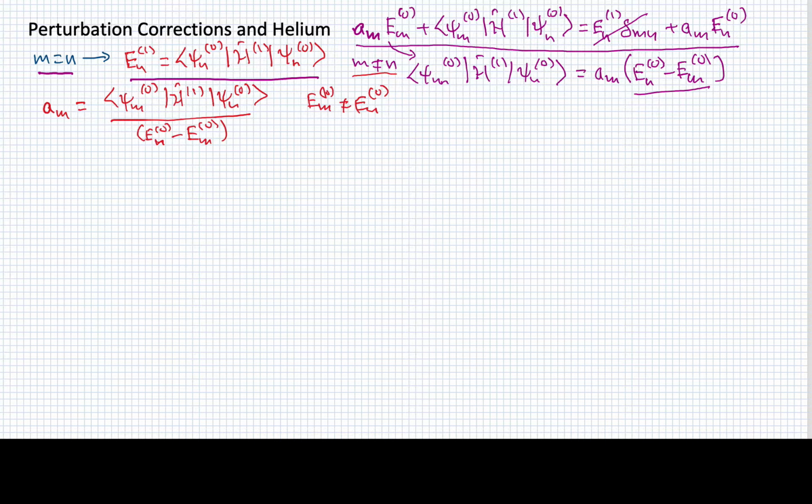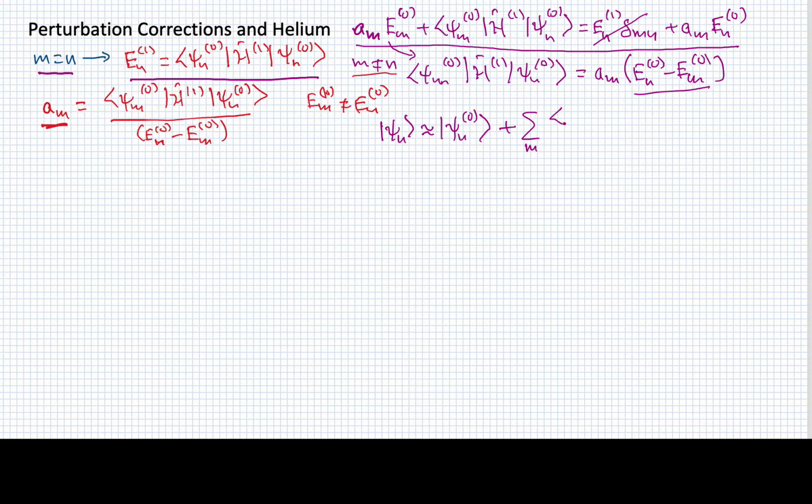Now, remember these are expansion coefficients when we're expressing the first order correction for the wave function in terms of the zeroth order wave functions. So now if I want to use that in an expression to find my corrected wave function, the total wave function would be approximately equal to the zeroth order wave function plus a sum over the zeroth order wave functions of these coefficients.